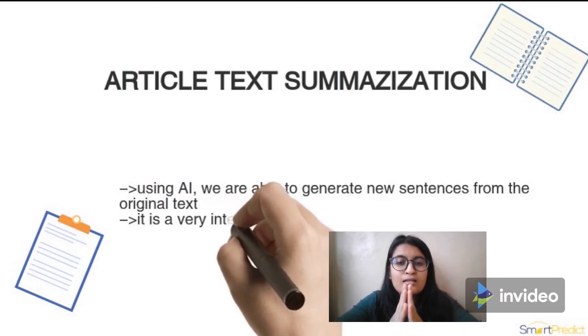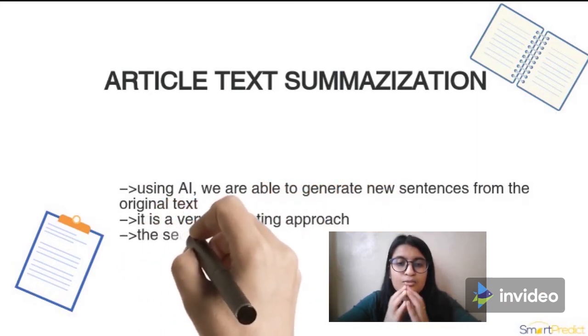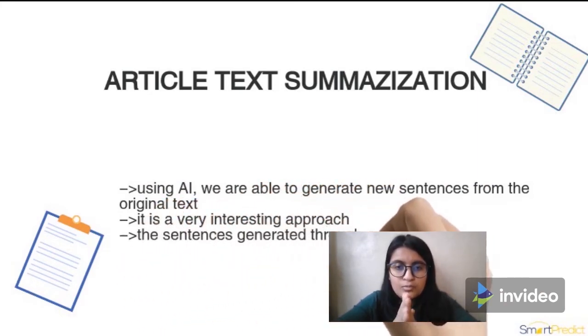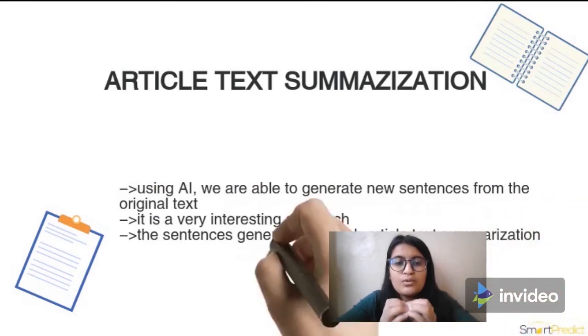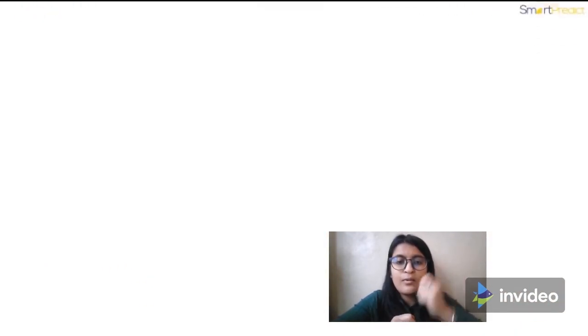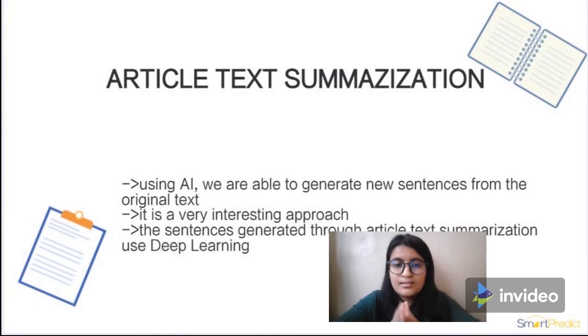This is in contrast to the extractive approach we saw earlier, where we used only the sentences that were present. The sentences generated through article text summarization use deep learning, which is a subset of machine learning, which is in turn a subset of artificial intelligence.